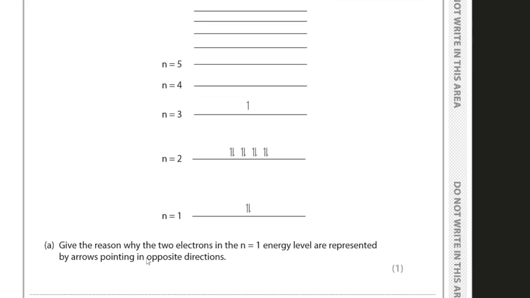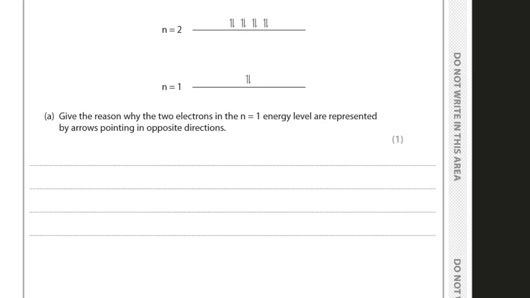Now they said here, give the reason why the two electrons in the n equal to 1 energy level are represented by arrows pointing in opposite directions. Arrows pointing in opposite directions clearly indicate that the electrons have opposite spin, so we can just write: to show that the electrons have opposite spin.